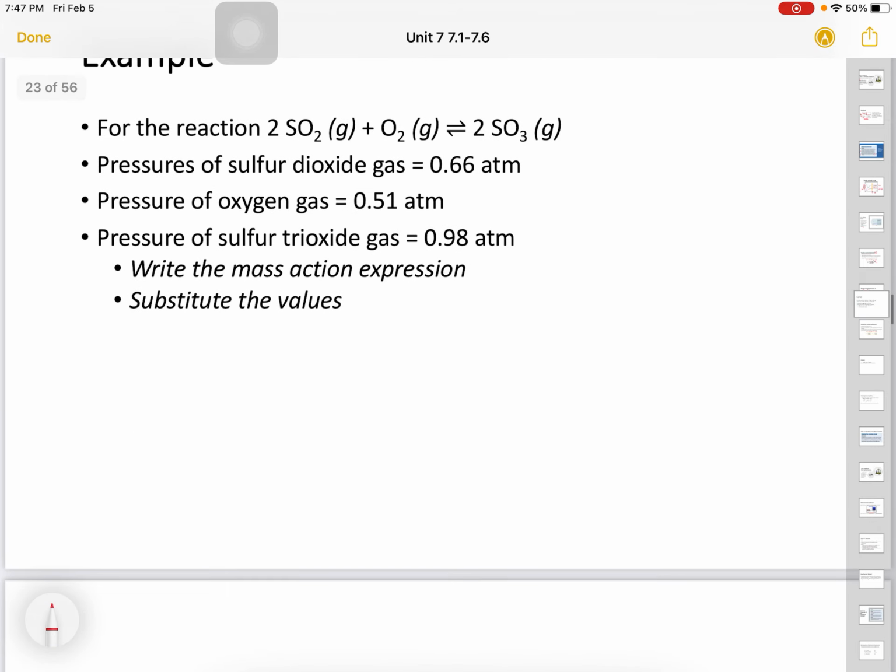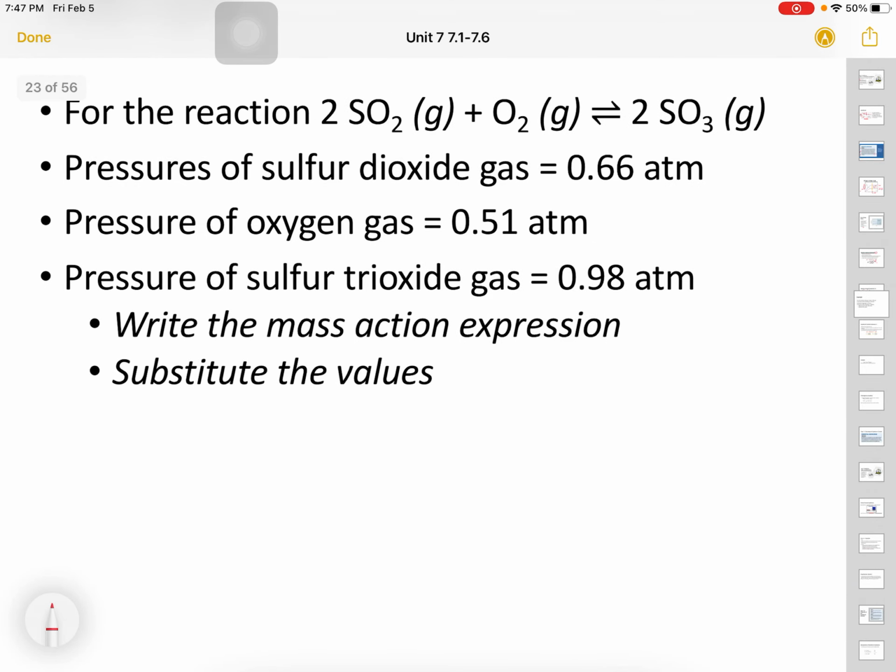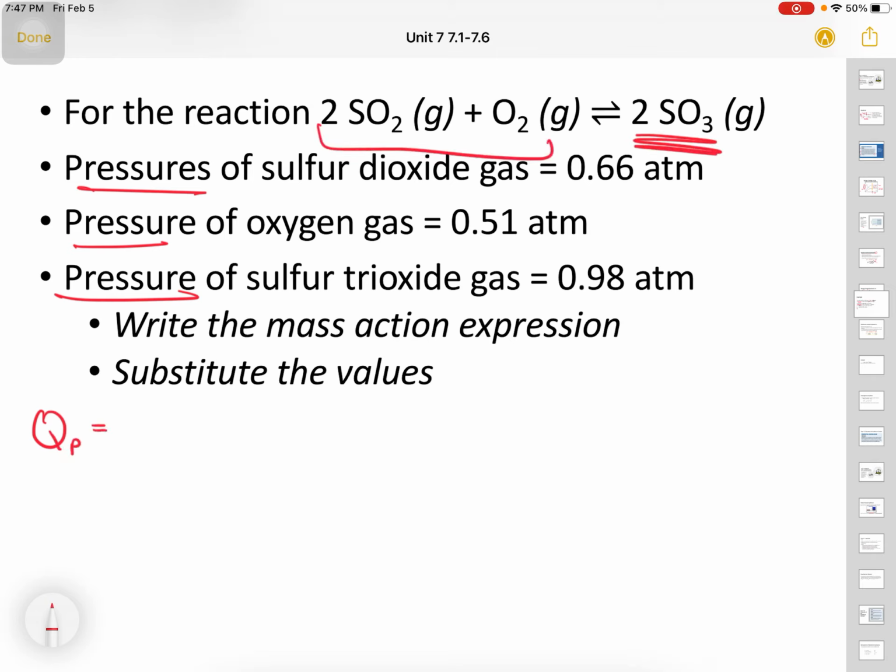Okay, so let's just look at this example. For this reaction, the pressures of sulfur dioxide gas, oxygen gas, and sulfur trioxide gas are given. Let's write the mass action expression and then just substitute in the values. We're not even going to solve it, we're just going to write it. Since we're given pressures here, we're going to write QP equals. Now it's got to be products over reactants, and each is going to be raised to whatever their coefficient is.